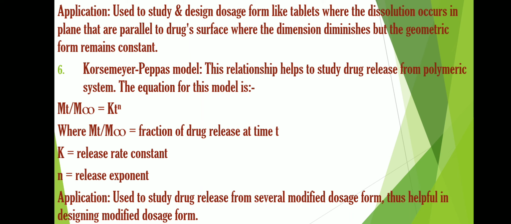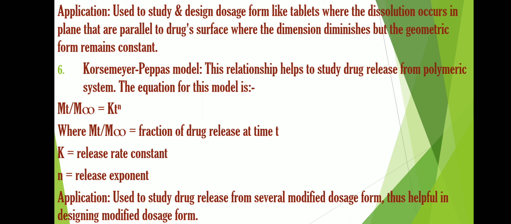That is, the drug surface will be removed as a layer, where the dimension, that is the size, will reduce, but the geometric shape will remain as it is till it disintegrates or dissolves completely.